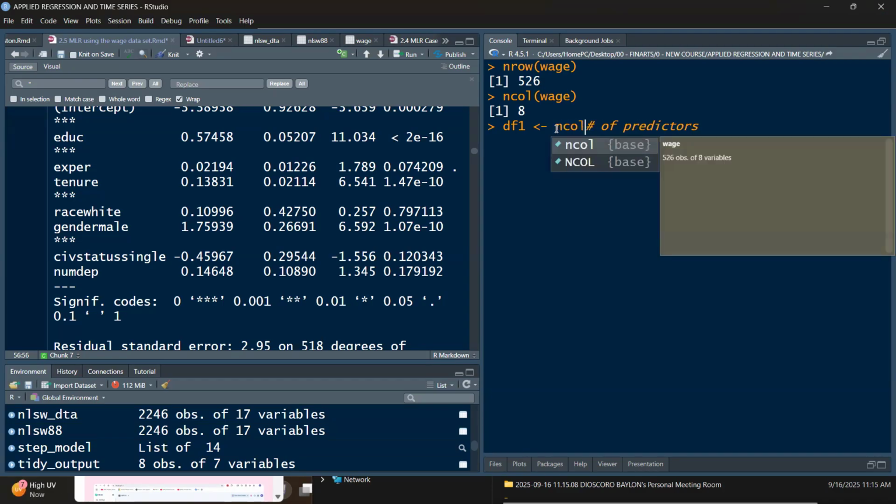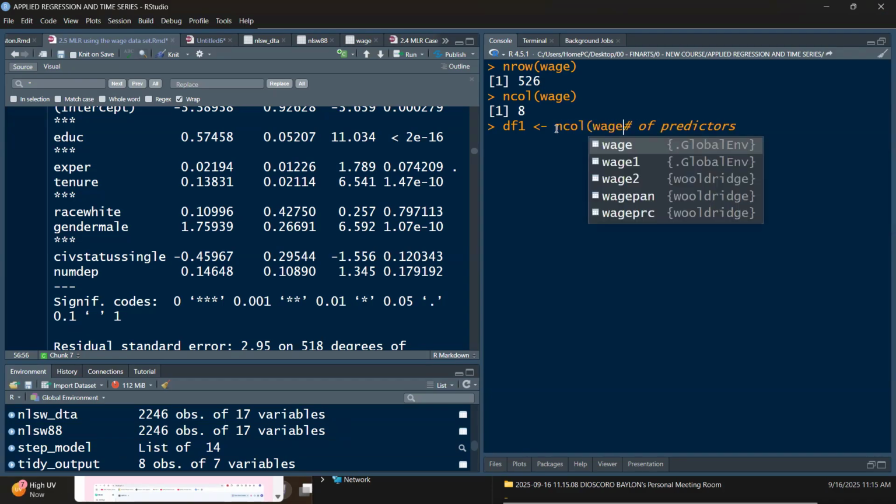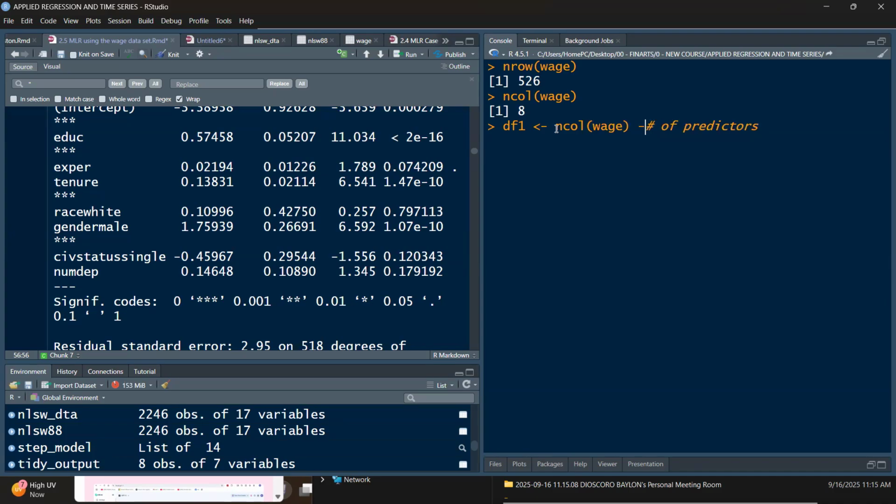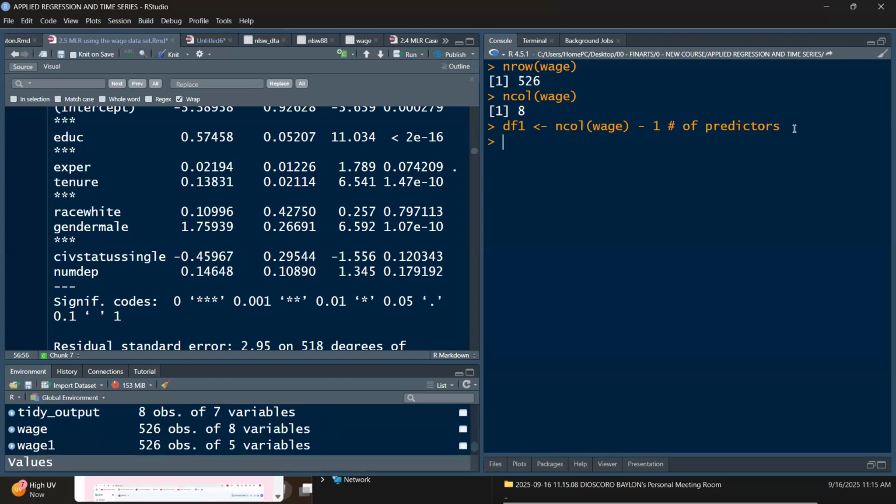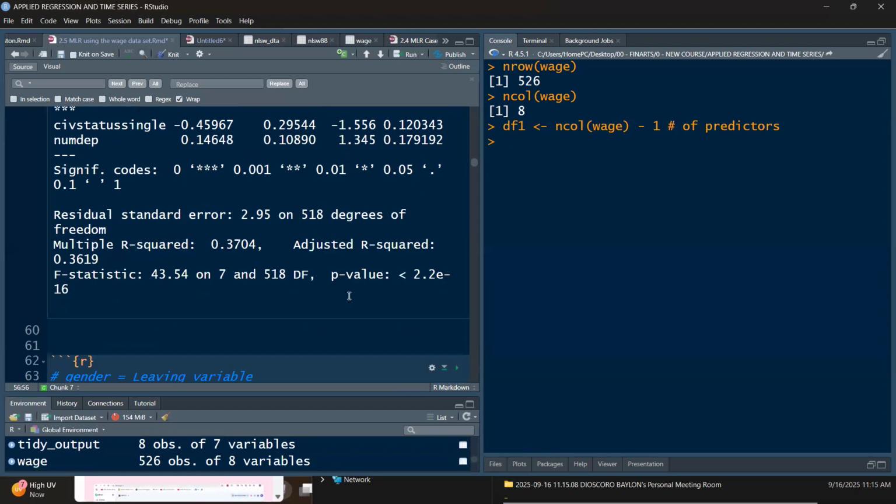Our predictors is the number of columns of wage minus 1, because we don't include the dependent variable. So that's our degree of freedom 1, which is 7.